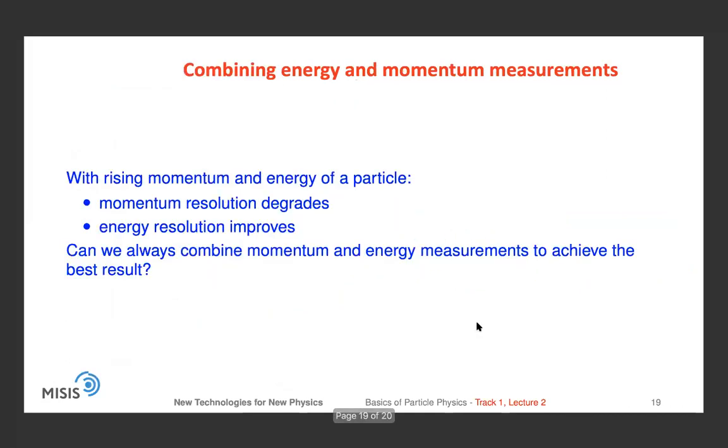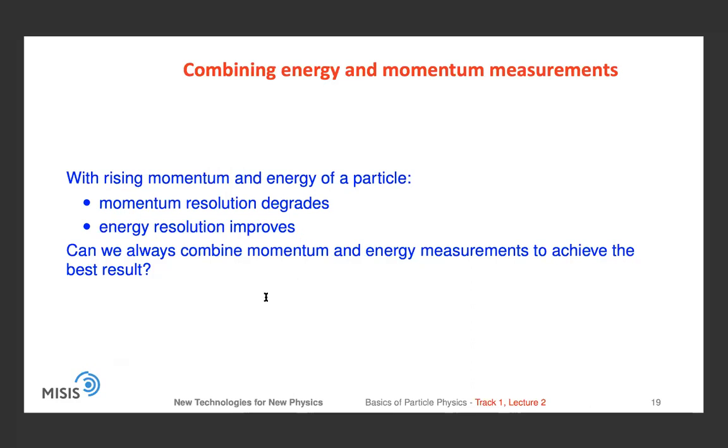Now the question is, the conclusion of this discussion: if we go to higher energy particles, so we raise particle momenta and energy, we see that momentum resolution would degrade and energy resolution would improve.